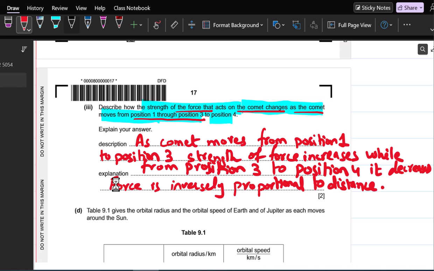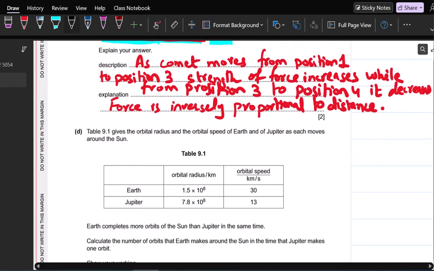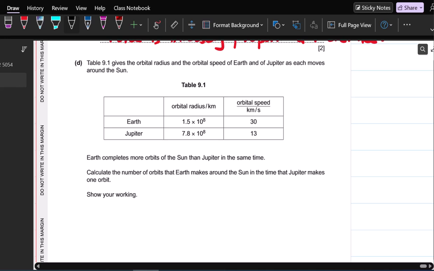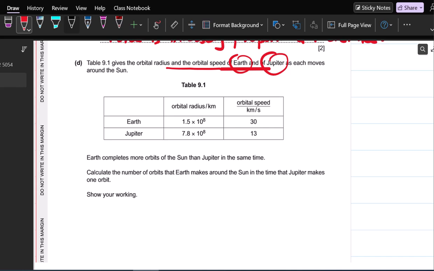So now the last part, that is going to be D. We are going to cover that. Table 9.1 gives the orbital radius and the orbital speed of Earth and Jupiter as each moves around the Sun. You can see here orbital speed and orbital radius is given.